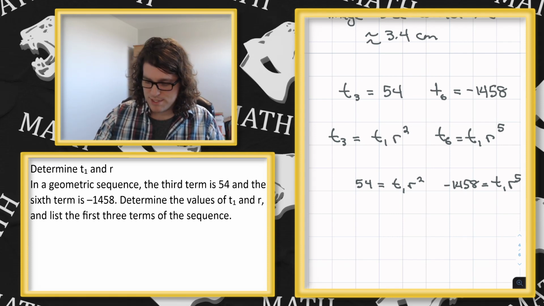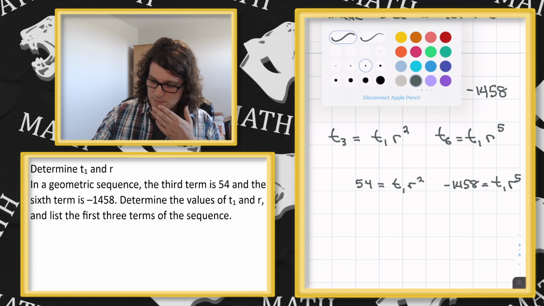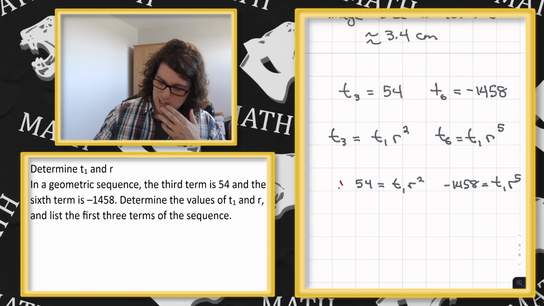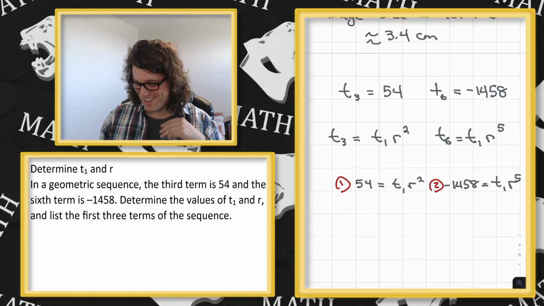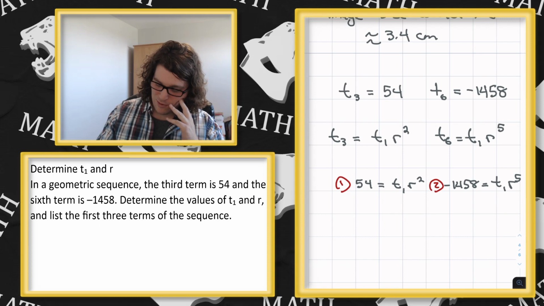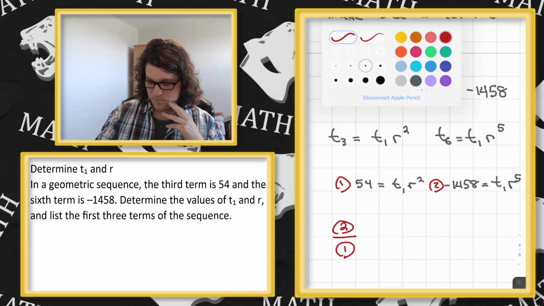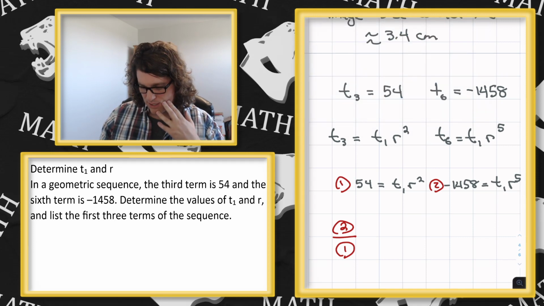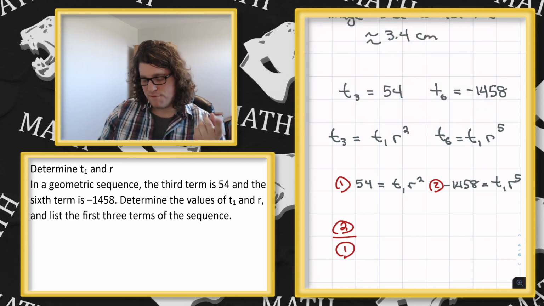But what I'm going to do instead is label my first one here as equation number 1, and then this one's going to be equation number 2. And I'm going to take equation 2 and divide it by equation 1. The reason I'm interested in doing that is because I have T1 as a coefficient in both of those equations on the right-hand side.